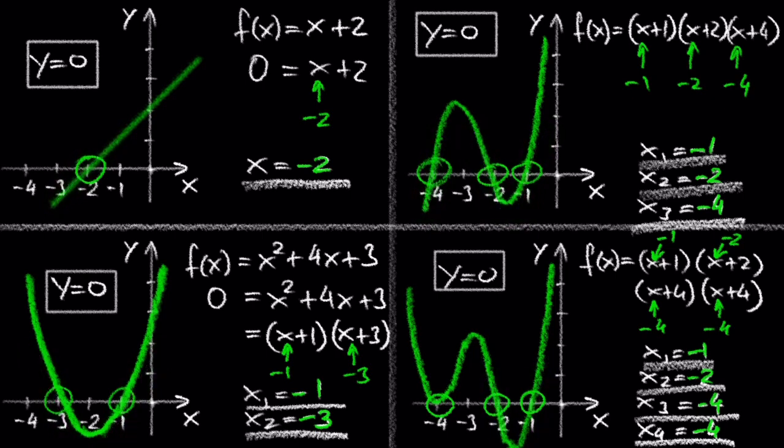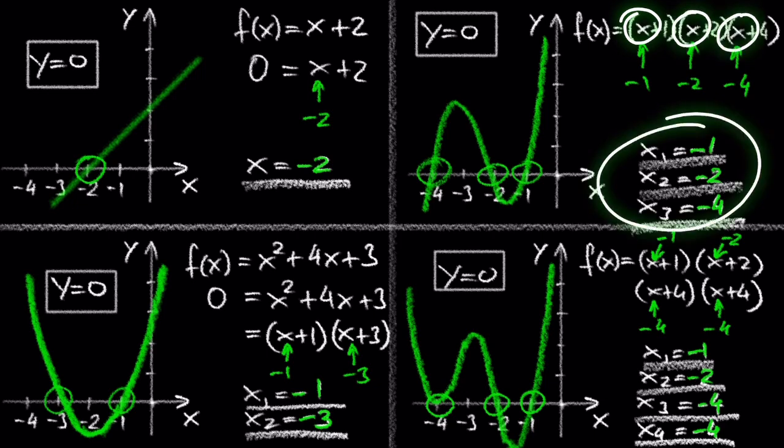Note that in the first example we have a function of degree 1. So we had one root. In the second example we had a function of degree 2. So we had two roots. In the third example we had a function of degree 3.